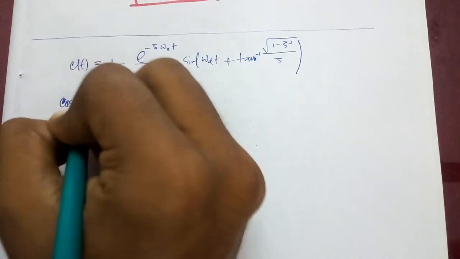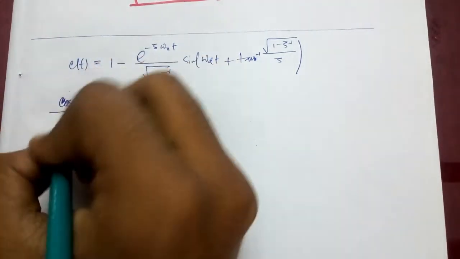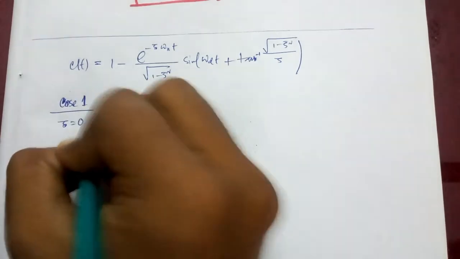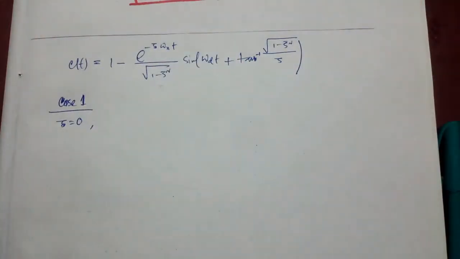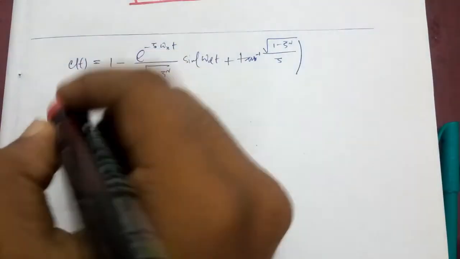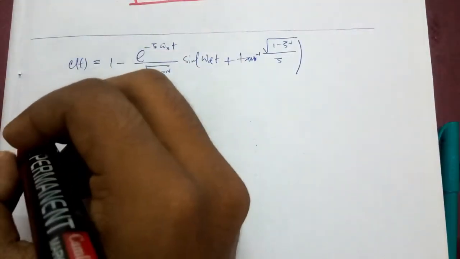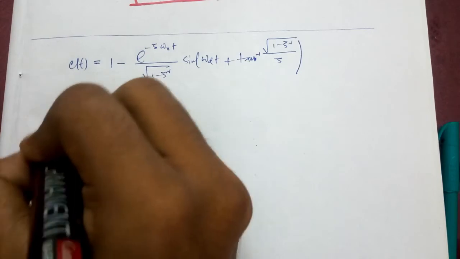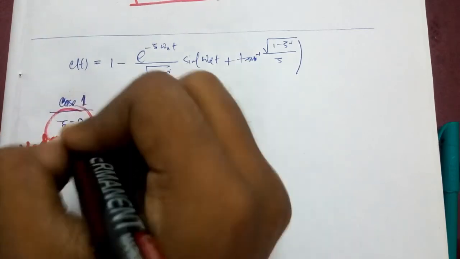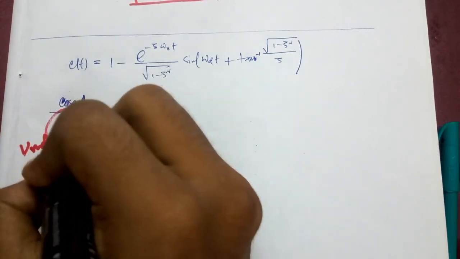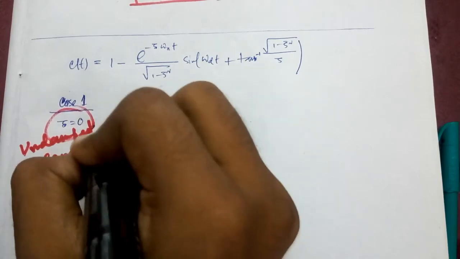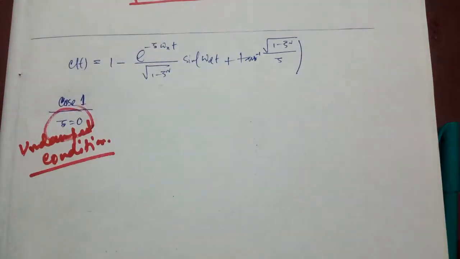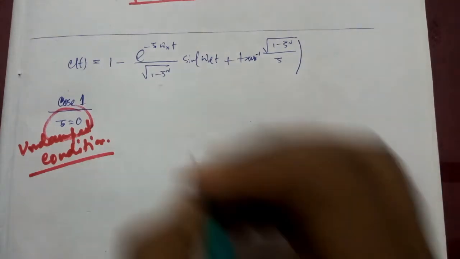Case 1: taking zeta equal to 0. This condition is called the undamped condition. It means the damping factor zeta value is 0, hence this is called the undamped condition.